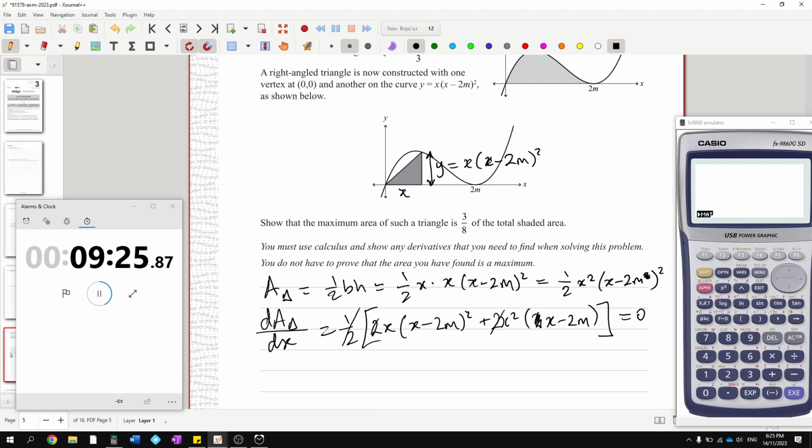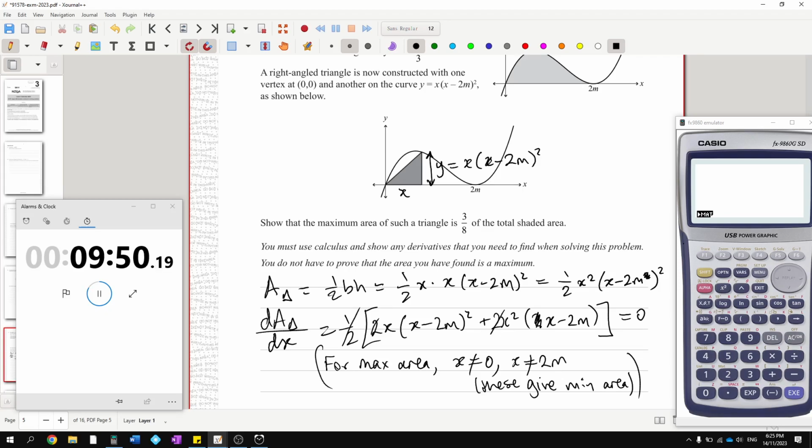And for max area, x does not equal 0, and x is not 2m. These give min area.